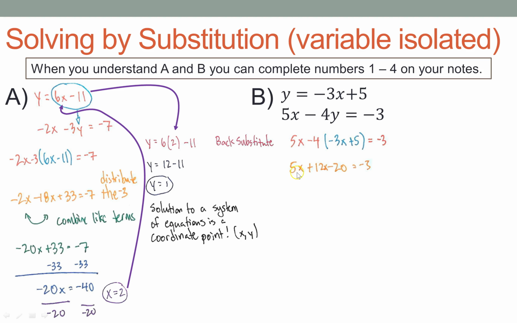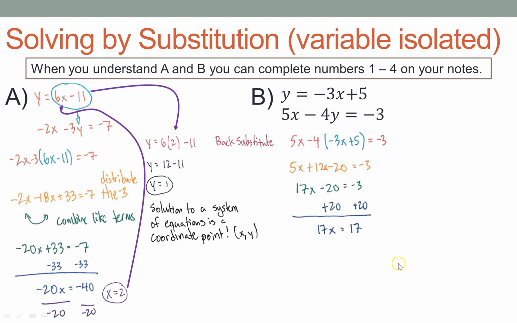All right, cool. So 5x plus 12x minus 20 equals negative 3. I have two x's on the same side, so I combine those. 5x plus 12x is 17x. So now I have 17x minus 20 equals negative 3. Two-step equation, isolate the variable. So I add 20 to each side.